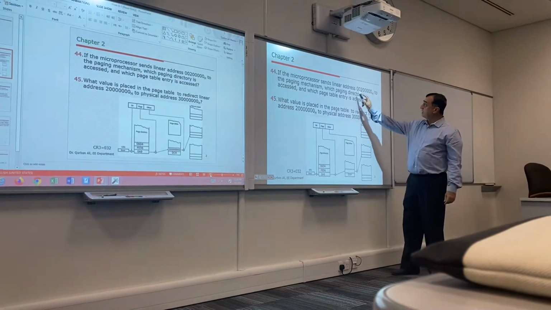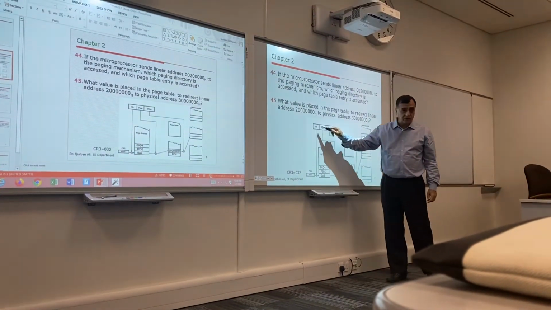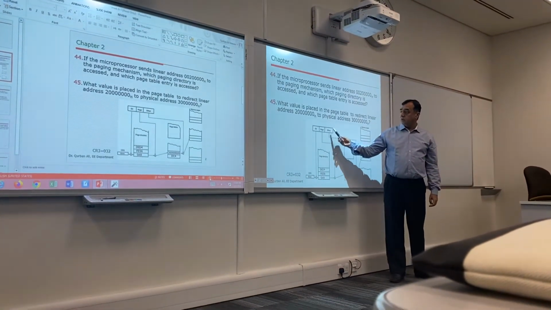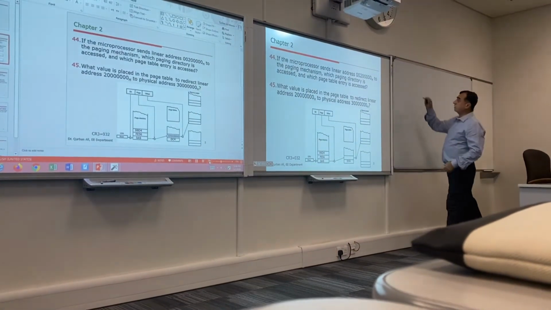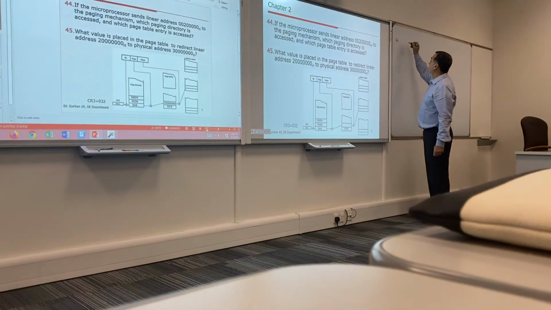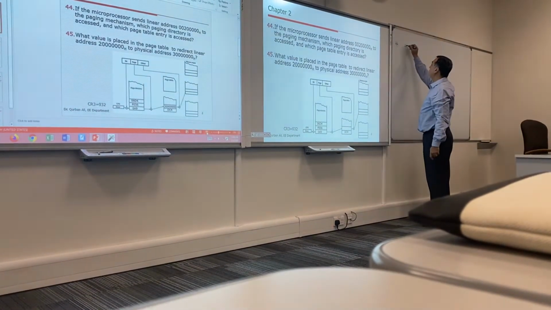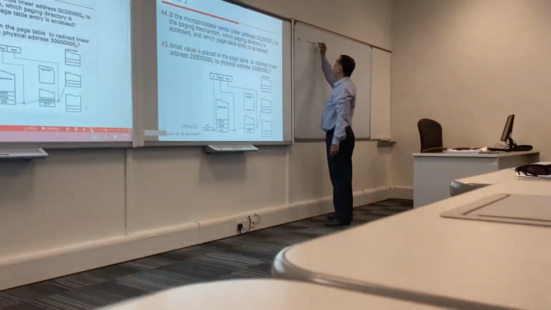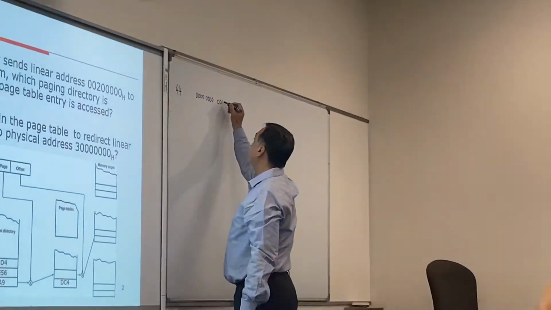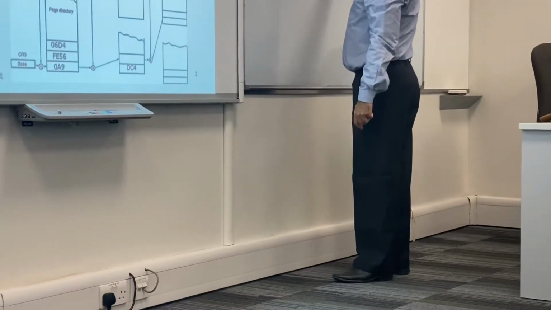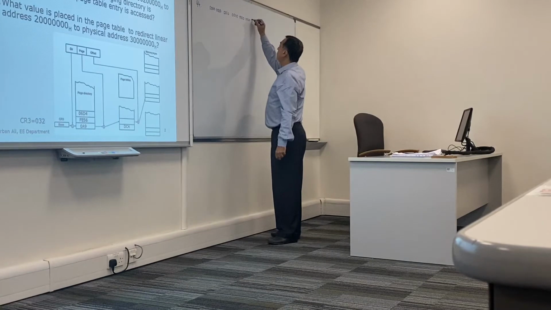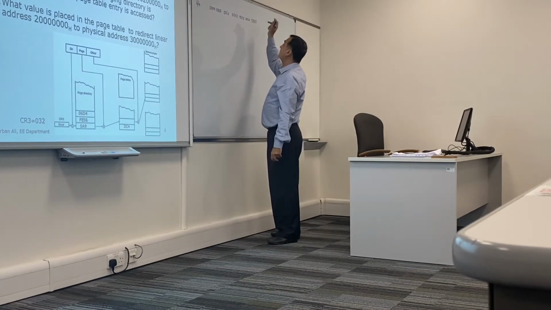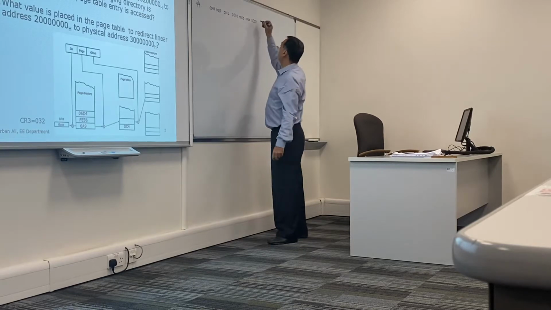Okay, so the linear address is split in binary into these fields: 12 bits, 10 bits, 10 bits. This is what we have. So if I want to do this 44, then this 20 is 00, 2, and then lots of zeros, right? 1, 2, 3, 4, 5, 6, 7, and then 8.